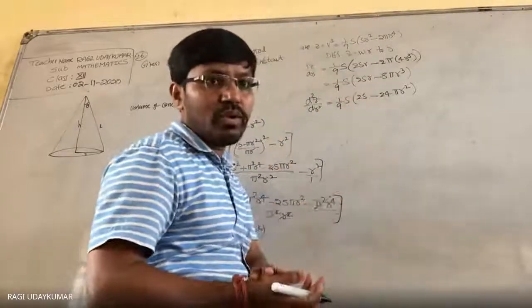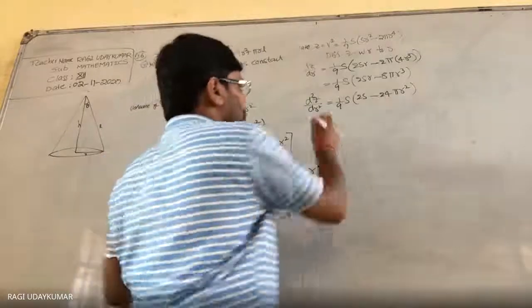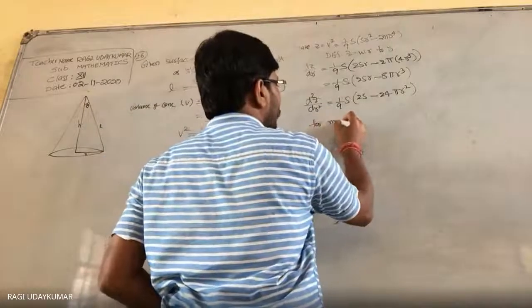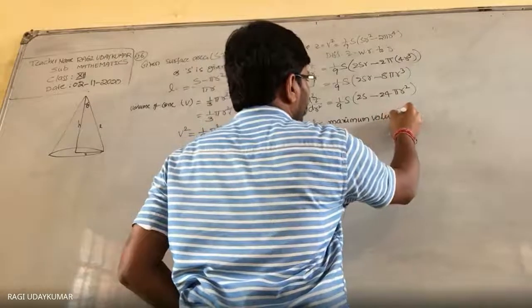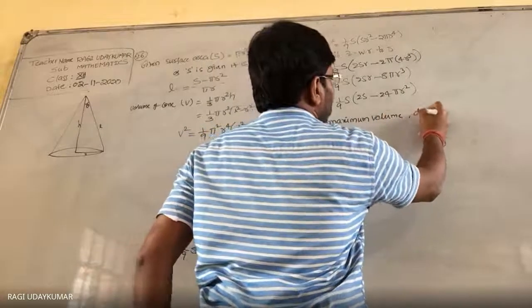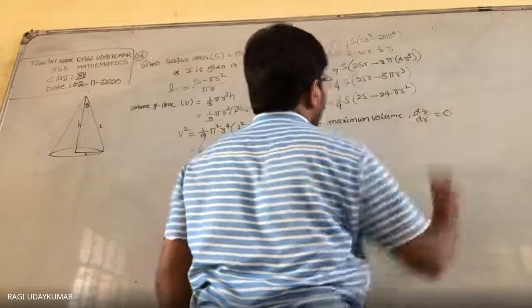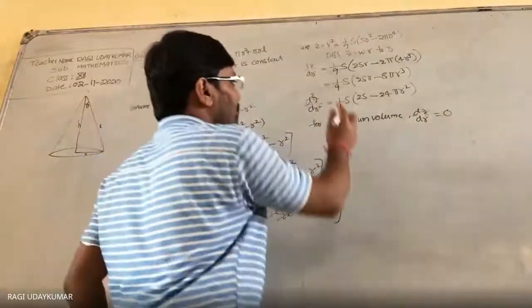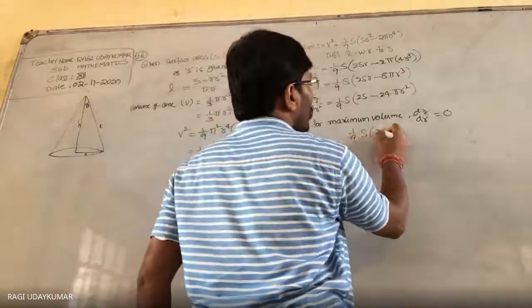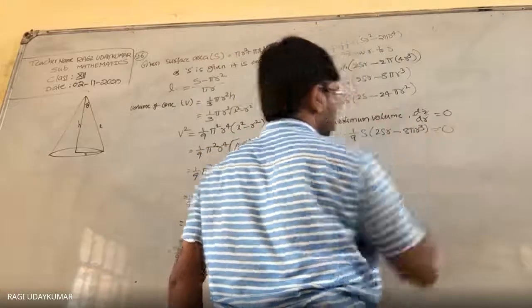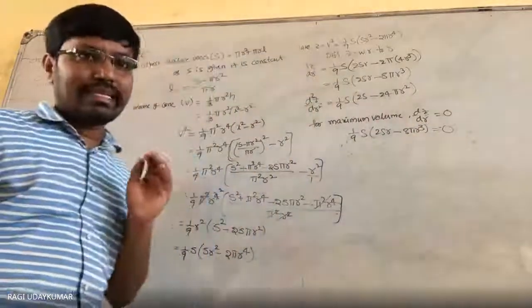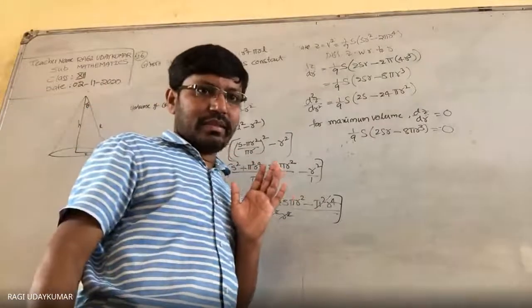Now what to do? Maximum value. For the maximum value, dz by dr is equal to 0. So dz by dr is equal to 1/9 times 2sr minus 8 pi r cube equals 0. Here S is constant.